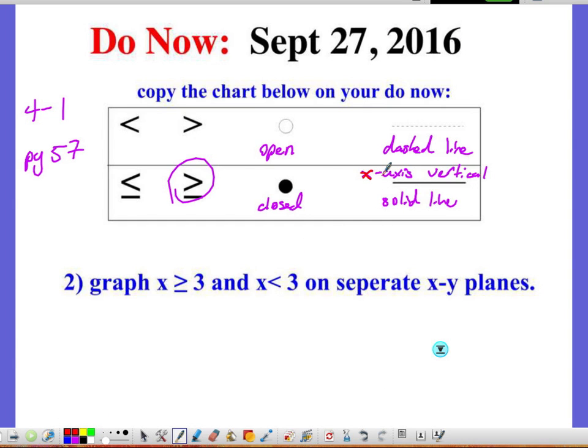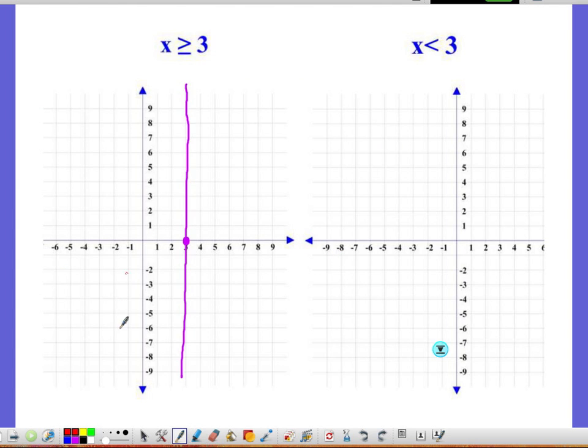So x-axis, use the vertical line. If you are on the y-axis, you have to use a horizontal line. Now what we need to do is figure out which side I am going to shade, the left or the right side.